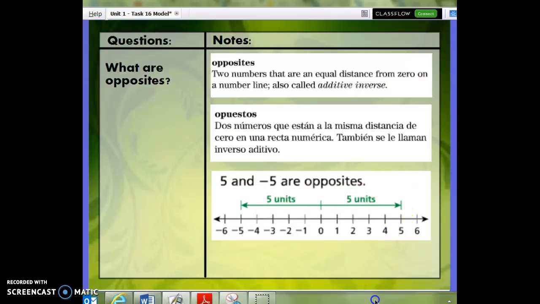So since 5 and negative 5 are the same distance from 0 on a number line, they are considered opposites. And they are on opposite sides as well. And that's the idea we're going to be using to model multiplication with negative integers on the number line.